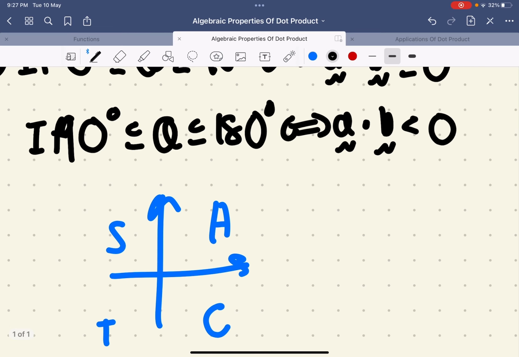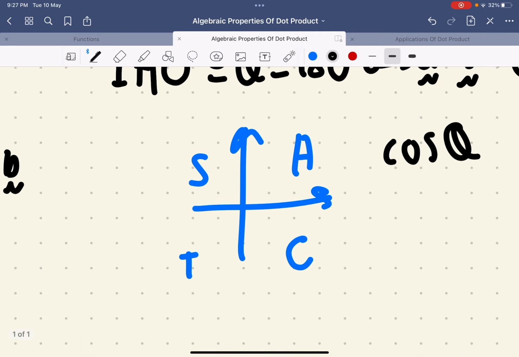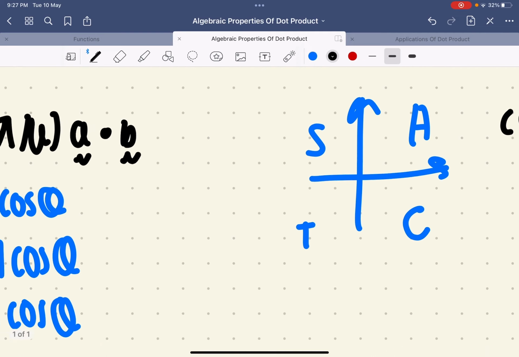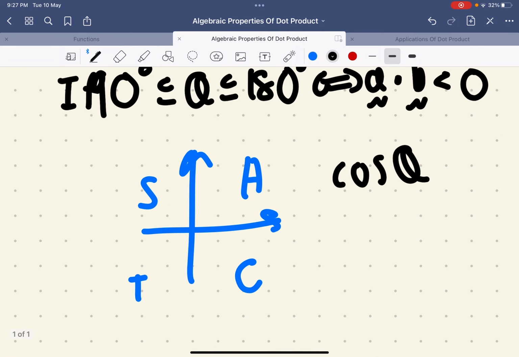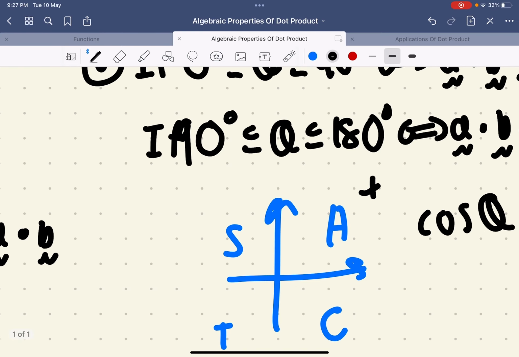For this one, we need to look at cosine theta. ASTC, we learned from secondary school. Where is cosine theta positive? The first quadrant is positive for everything. In the second quadrant, is cosine theta positive or negative? Negative.